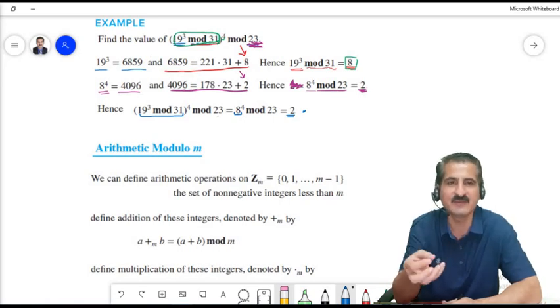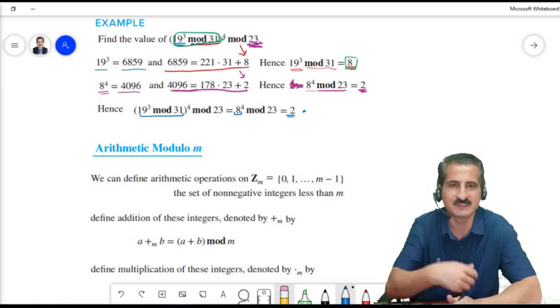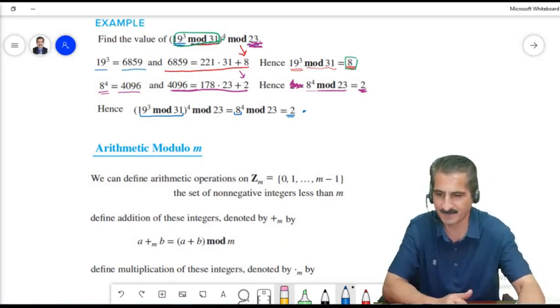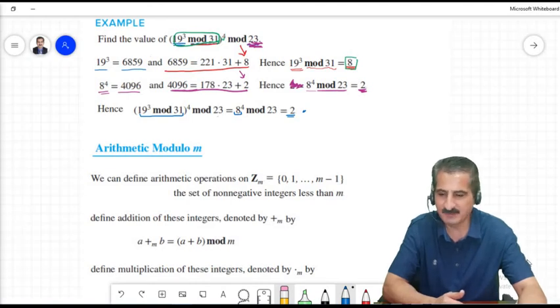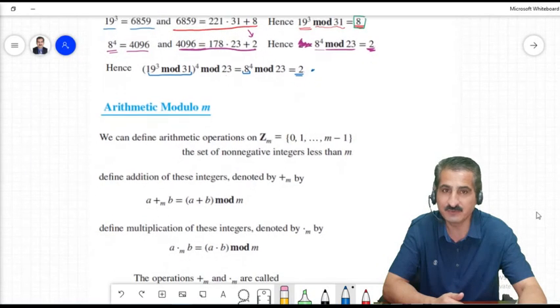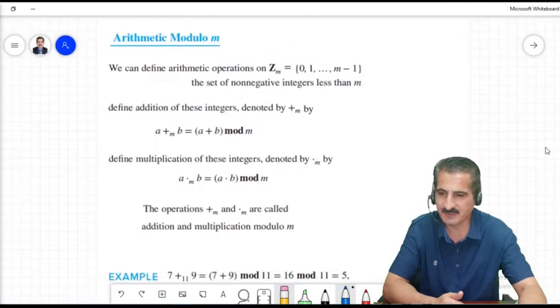So we have used the theorem we have just seen above. And this is the only example. There are similar examples in the exercises that you need to practice. It is important you practice on that.